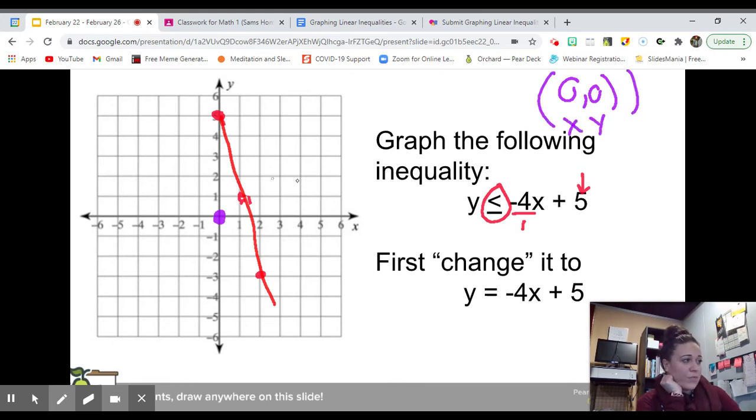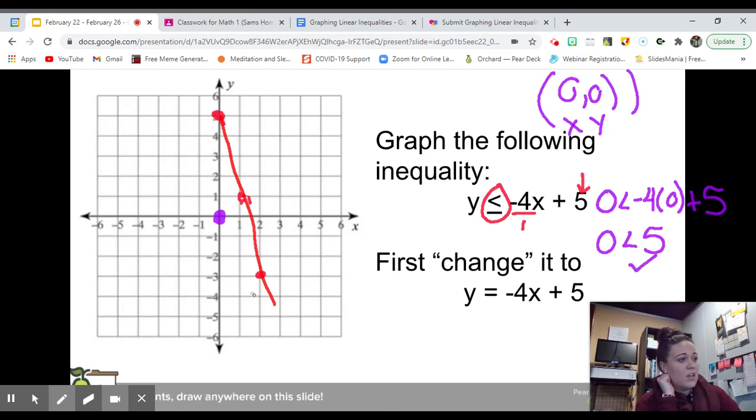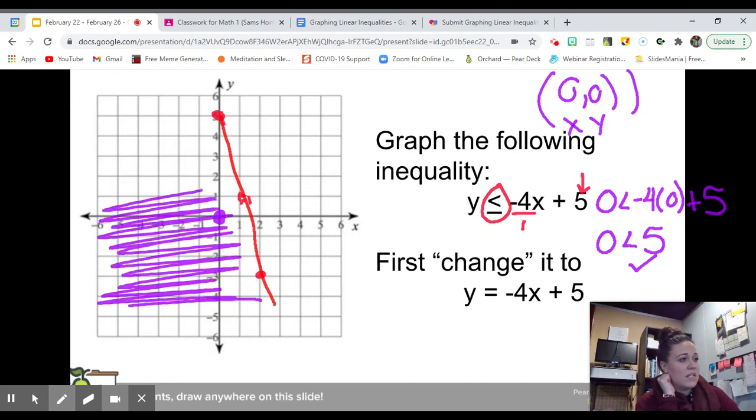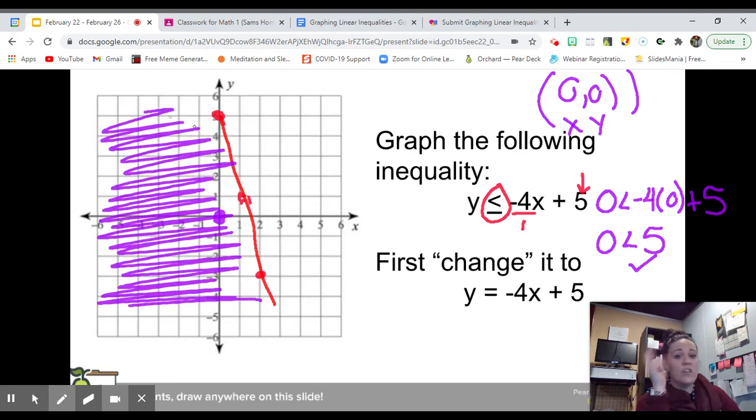Okay, so is 0 less than negative 4 times 0 plus 5? Is 0 less than negative 4 times 0, which is 0, and then we add the 5 to it. So is 0 less than 5? Yes, that is a true statement. So everything on the 0, 0 side gets included in the solution because it makes a true statement.